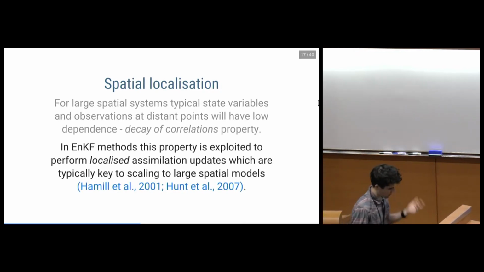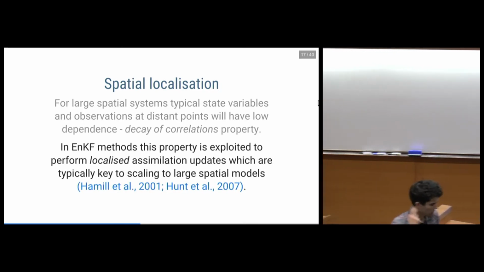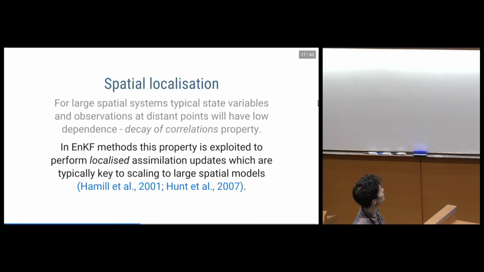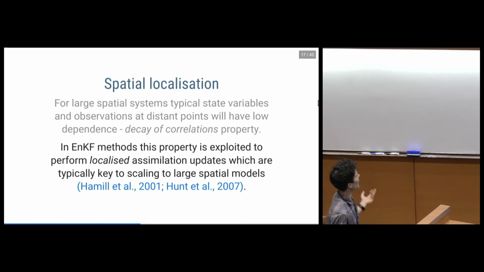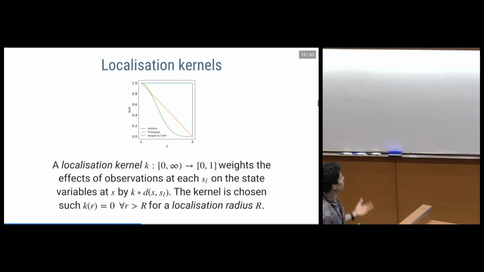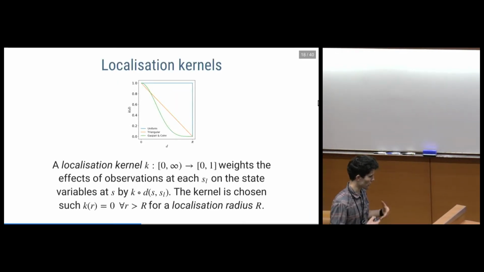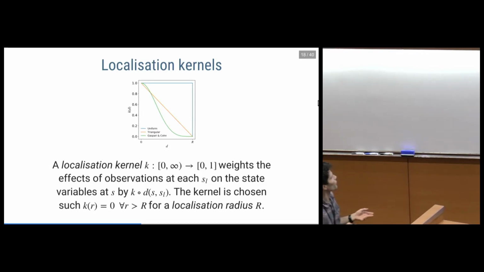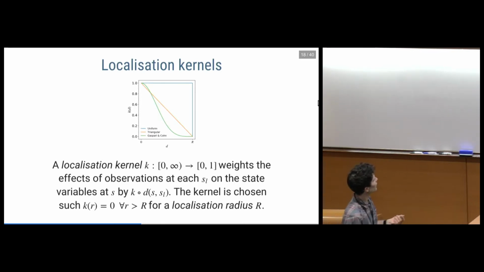This property is actually key to how ensemble Kalman filter methods are applied to these large-scale geophysical models in practice. There are these localized variants of ensemble Kalman filters, which are what are typically used in these very large models. At a very top-level description, how those localized methods work is that we define what I'll call a localization kernel.